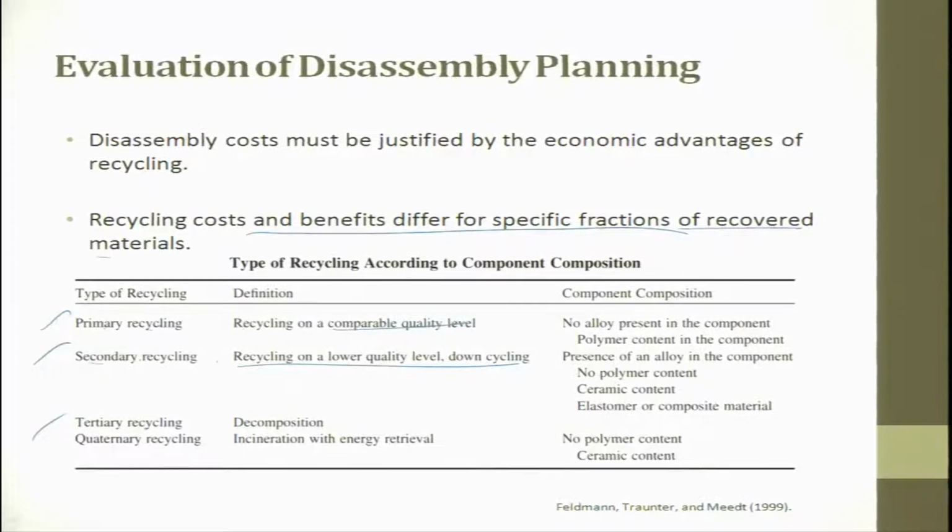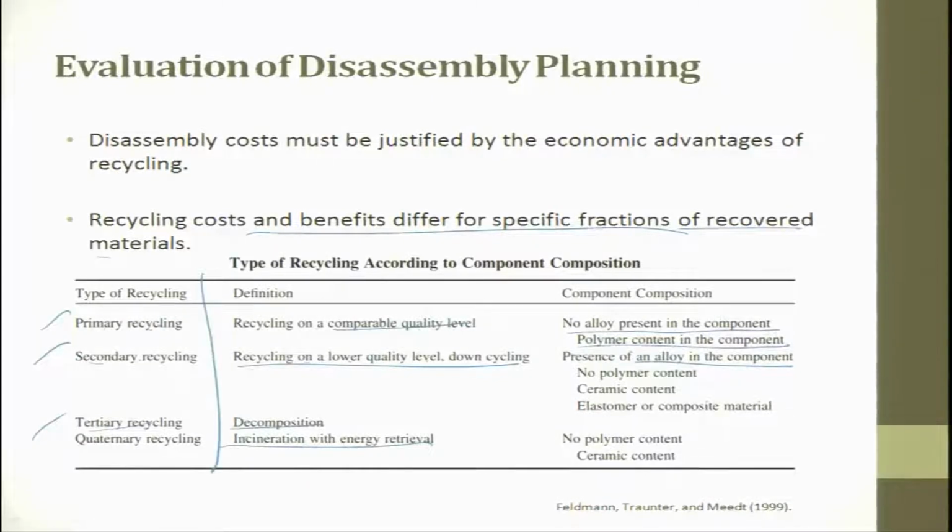And the tertiary level is decomposition. Here: no alloy present in the component, polymer content in the component, presence of an alloy in the component. So you can see recycle at a comparable quality level, recycle at a lower quality level, decomposition and incineration with energy retrieval.